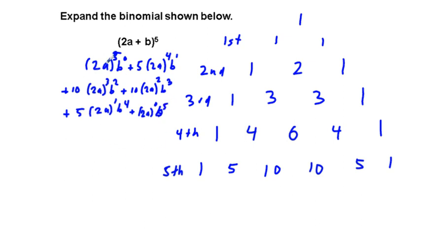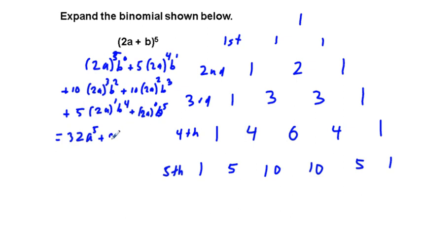So if we just took 2 to the 5th power, 2 to the 5th power is 32. Our answer to this would be 32 a to the 5th power, plus, we would have 2 to the 4th power, and 2 to the 4th power is 16. 16 times 5 is 80.